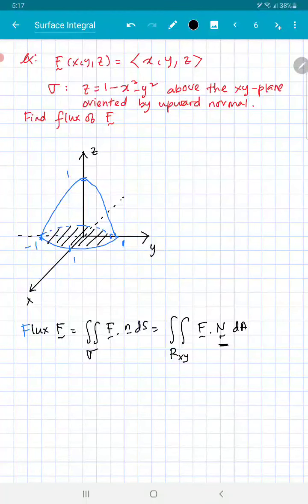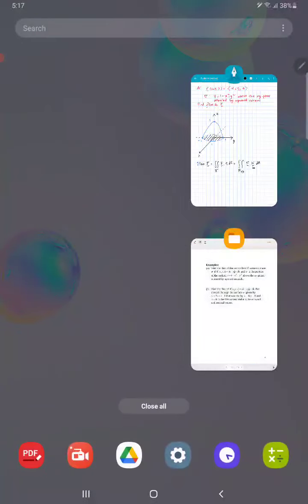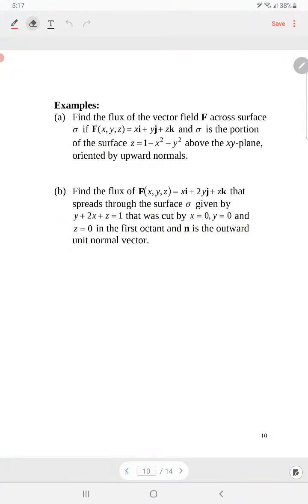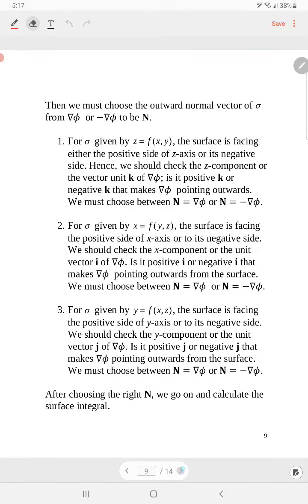Now we need to find the normal vector. Remember from before, our normal vector is either the gradient of phi or negative gradient of phi, so we have to check the z component.